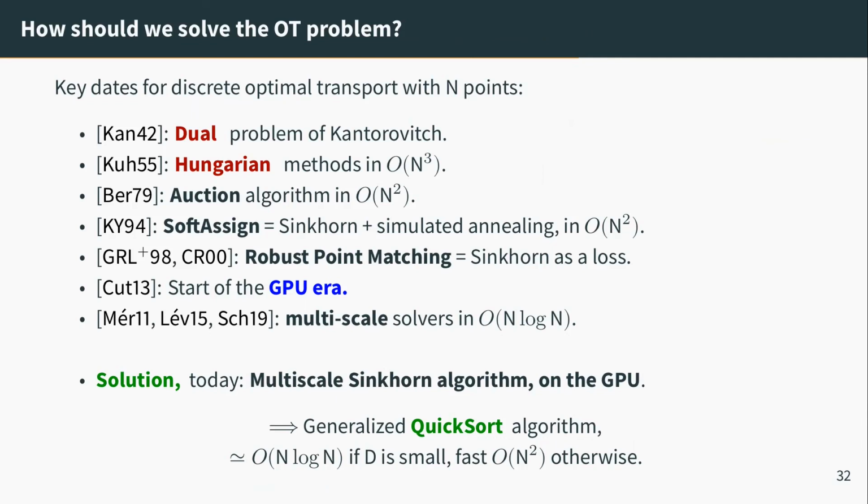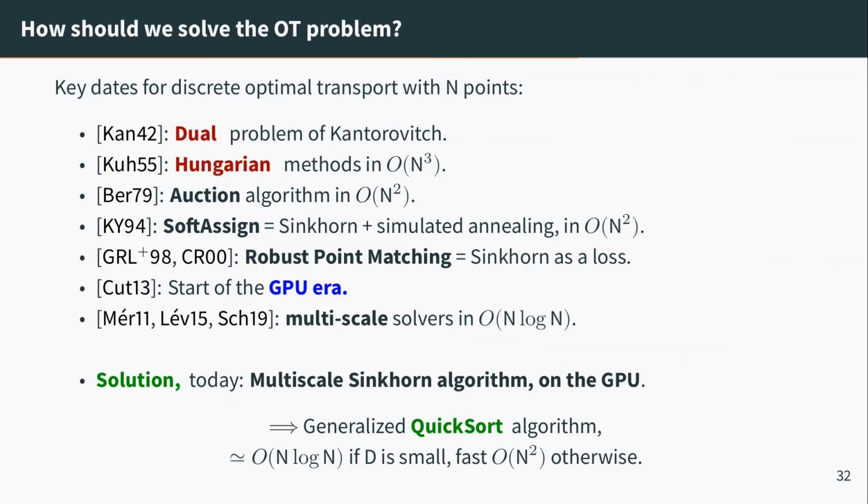It's possible to work with dual variables that are just vectors that have the same memory footprint as your input data. So it's possible to solve the optimal transport problem with a linear memory footprint. You can imagine that if you wait long enough, you're going to be able to solve an optimal transport problem with n equal 1 million, because 1 million by 1 million in memory would be a terabyte, and no one has a terabyte of RAM except in clusters.